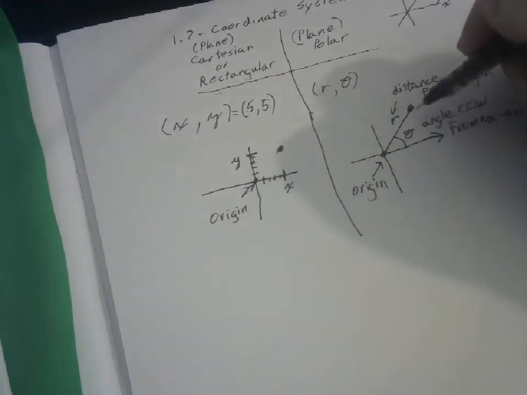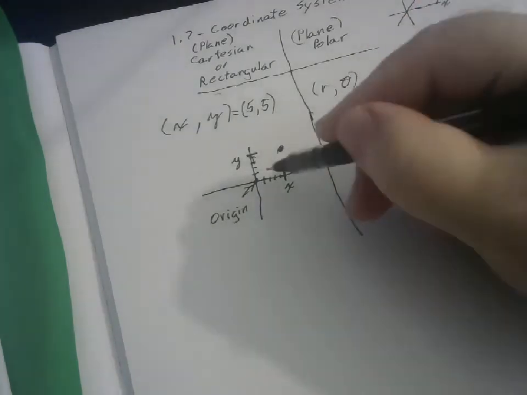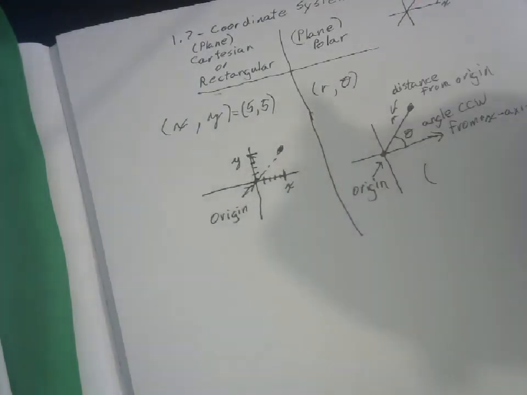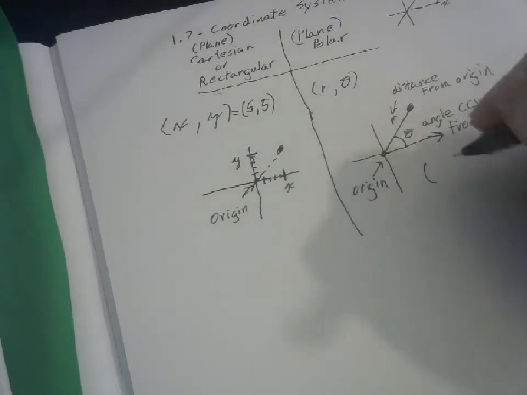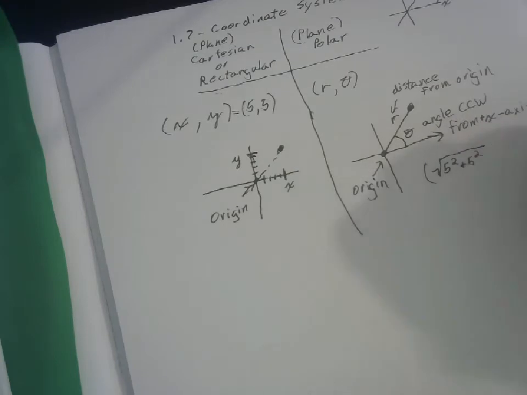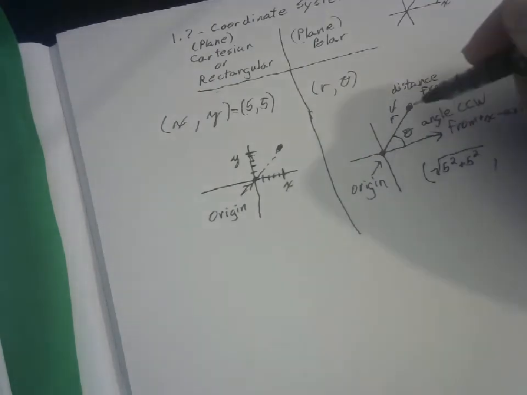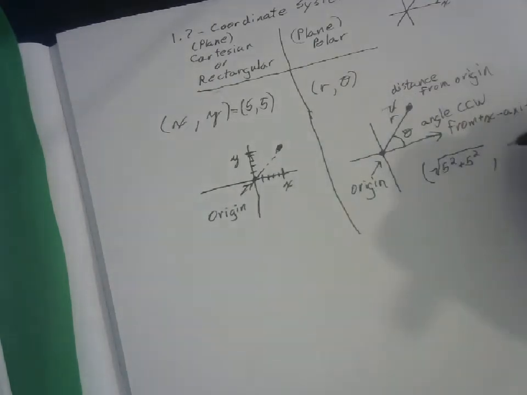And if that same point were measured in angle, this distance here is the square root of 5 squared plus 5 squared, which would be 5 square root of 2, and the angle, since it's 5 up and 5 across, is a 45-degree angle.